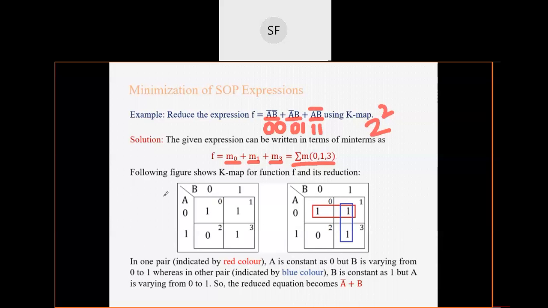Now you have to map this function on the K-map. For the two variable K-map, the K-map will be drawn like this. This is the representation for the two variable K-map. One variable is A and the values associated with A are 0 and 1.